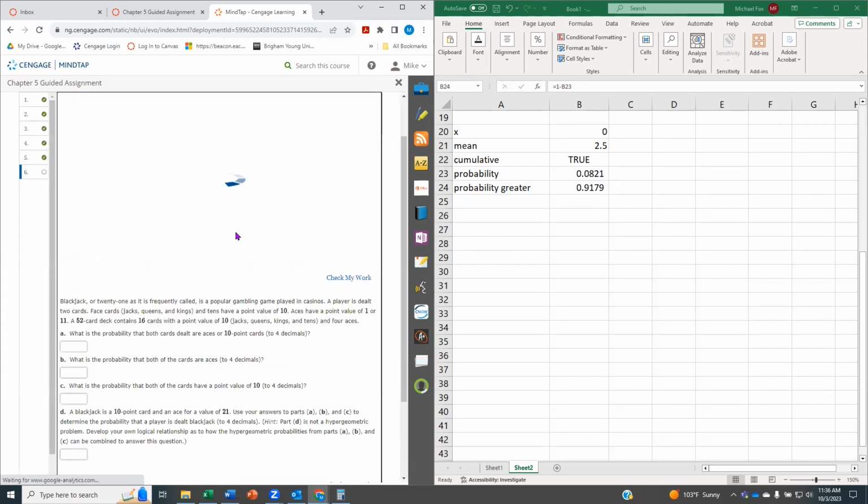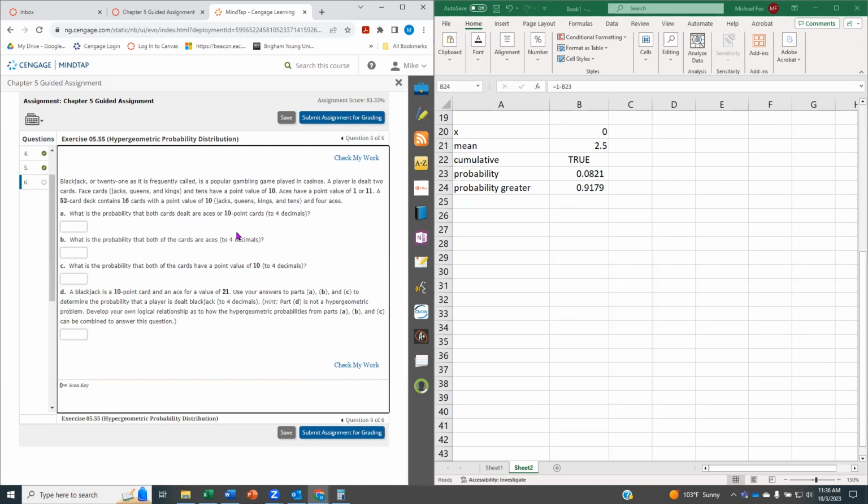Whereas with a hypergeometric distribution, we may not. In this case, for example, we have 16 out of the 52 cards being successes if we're looking for 10s, and 4 out of the 52 being successes if we're looking for aces.